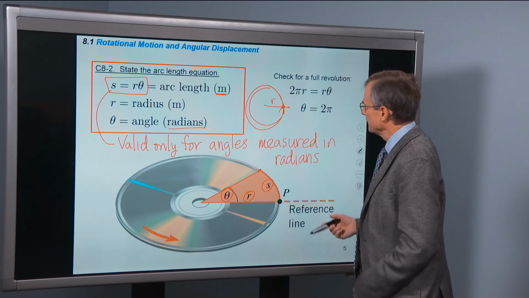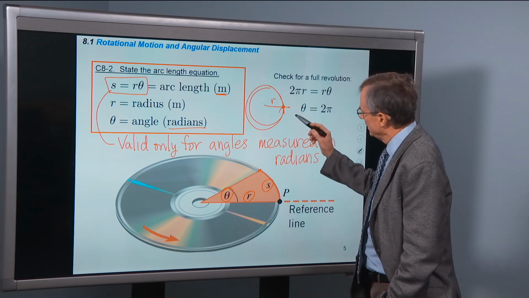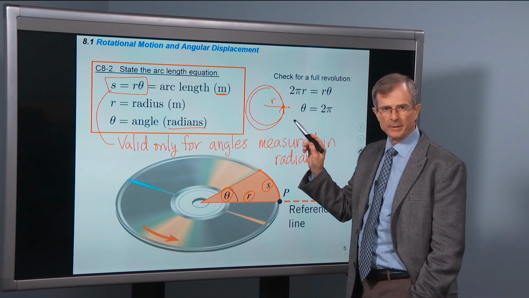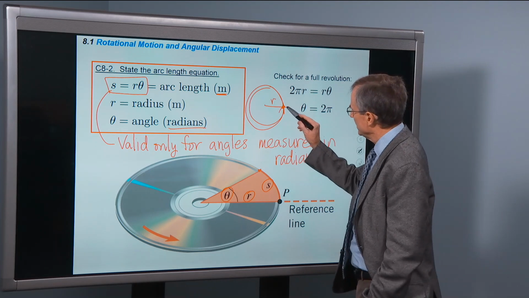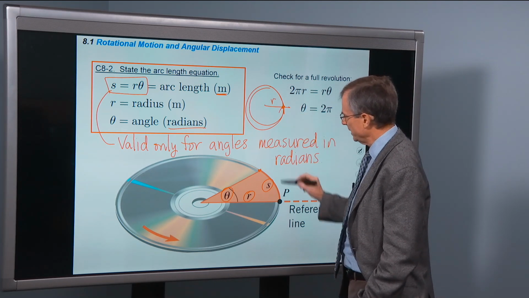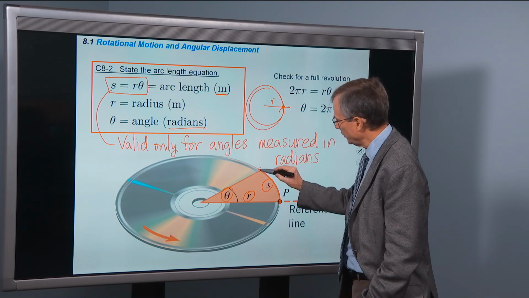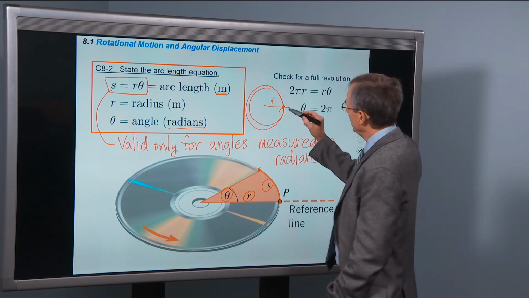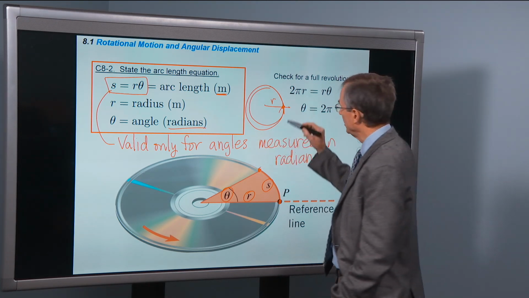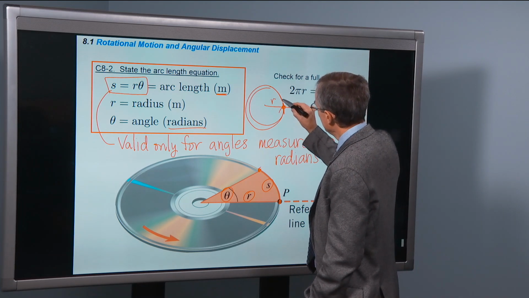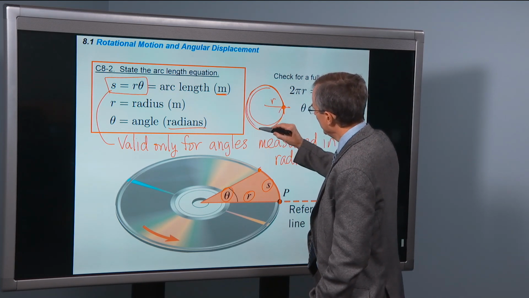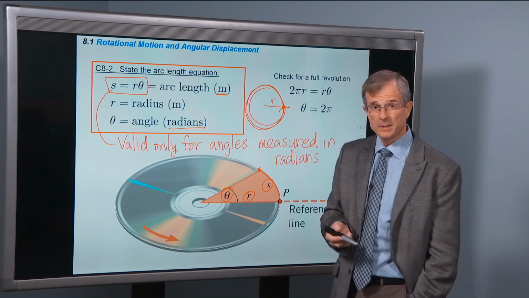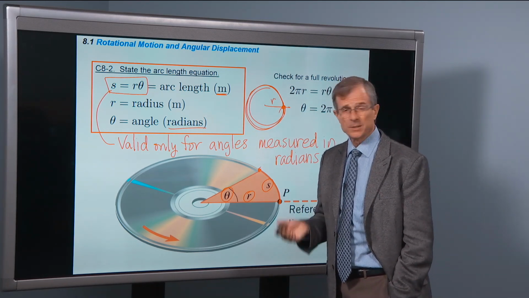Here's the idea. The arc length, in this case, is the distance from my starting point to the ending point along this arc. For a whole circle, it's how far I have to travel to go all the way around that circle. Isn't that the circumference of the circle?